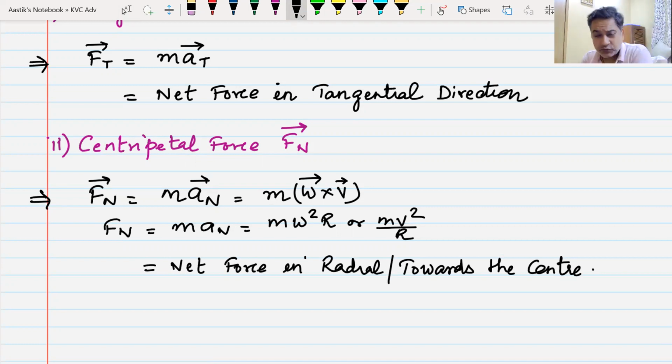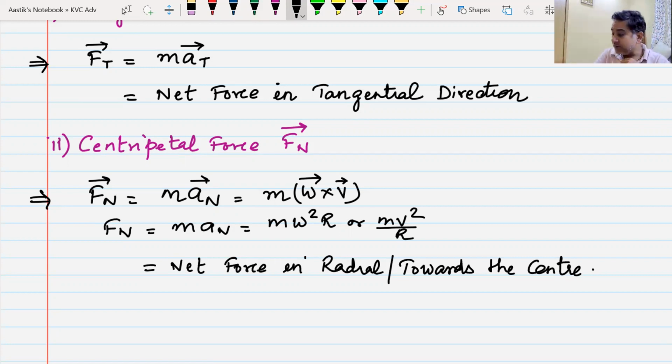Whatever the force is towards the center, that will become the net force in the radial or centripetal direction, your centripetal force, and this centripetal force will give you centripetal acceleration. Do we understand this? Yes, sir.